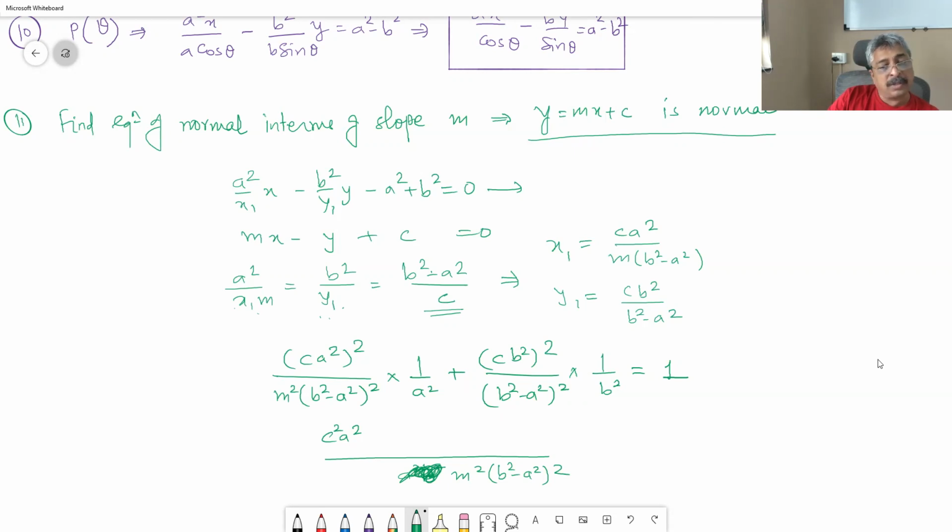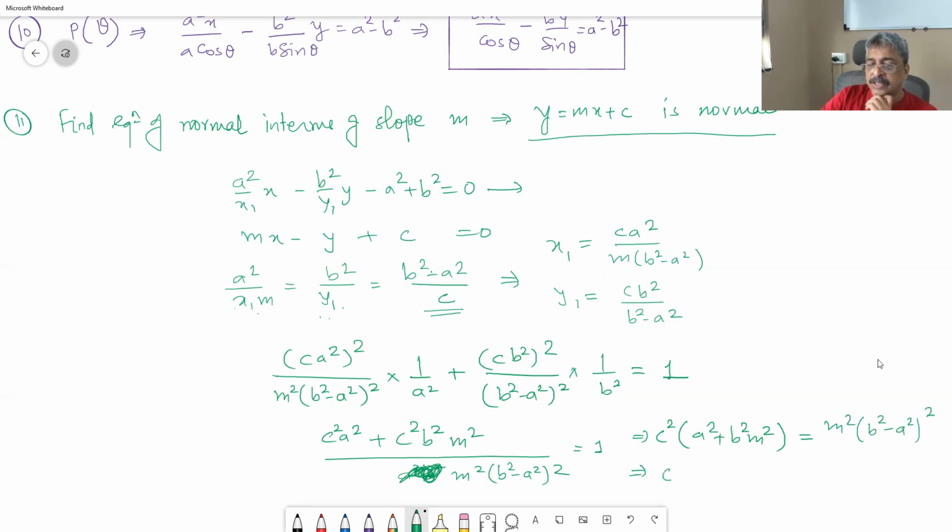So c square a square, plus c square b square from here, and you require m square because m is not there in the denominator, is equal to 1, which implies c square inside bracket a square plus b square m square is equal to m square inside bracket b square minus a square bracket square.